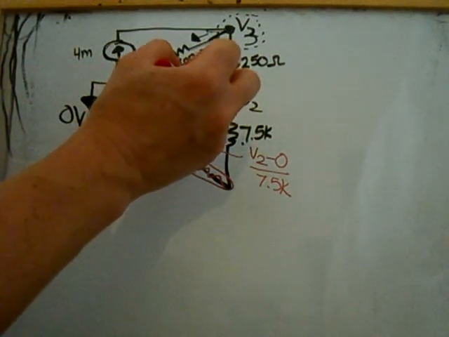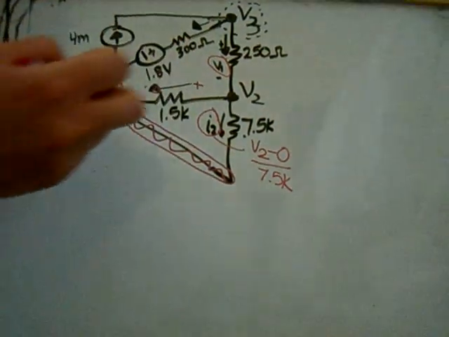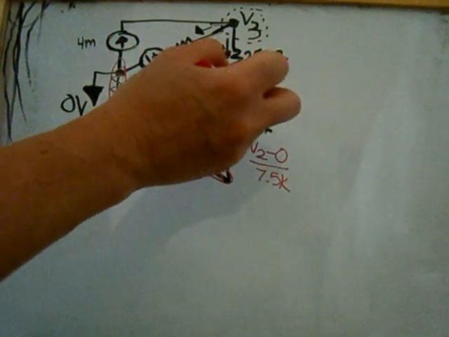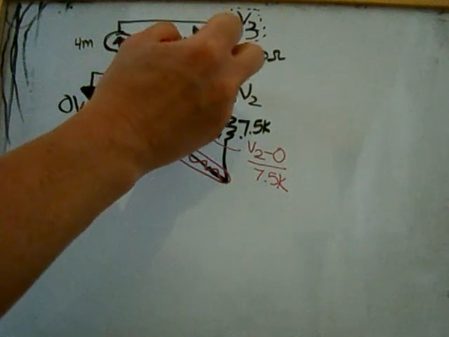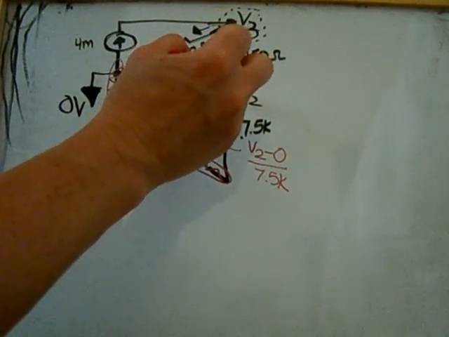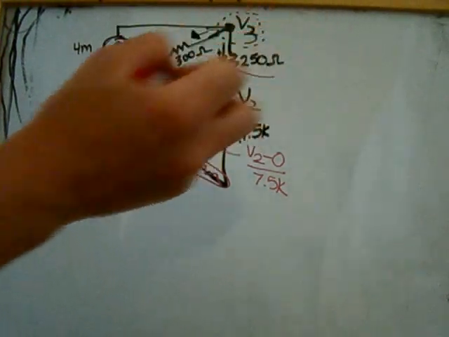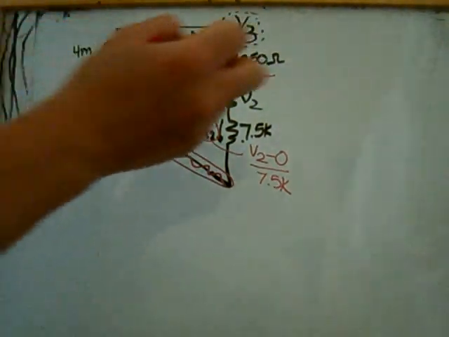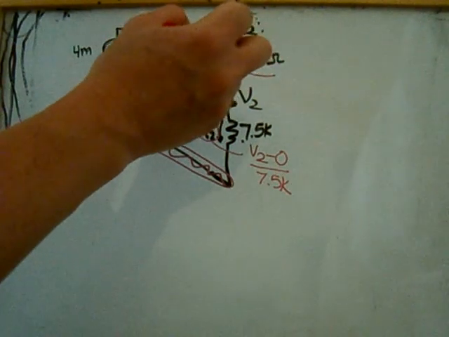I always start at the positive side of the arrow and move to the negative side. So on this positive side, I have V2. The current going through this resistor of 250 ohms is going to be, I start at the top and I subtract off anything on the negative side of the arrow.